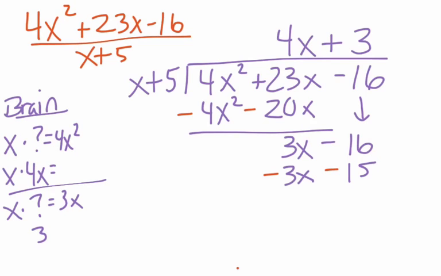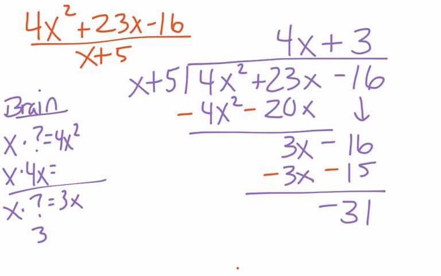The subtraction step is actually the step that causes the most problems for students, especially when you already have a negative, because if you subtract a negative, then it ends up being adding, and that actually ends up being the biggest hiccup in this process. 3x minus 3x is 0. Negative 16 minus 15 is negative 31. And there is nothing left to bring down, so we are done.